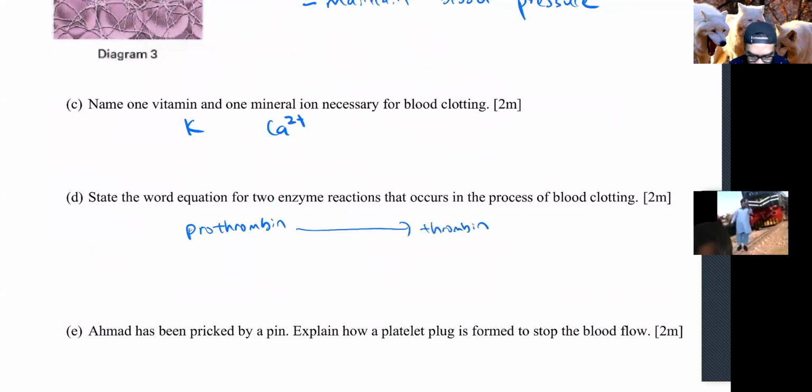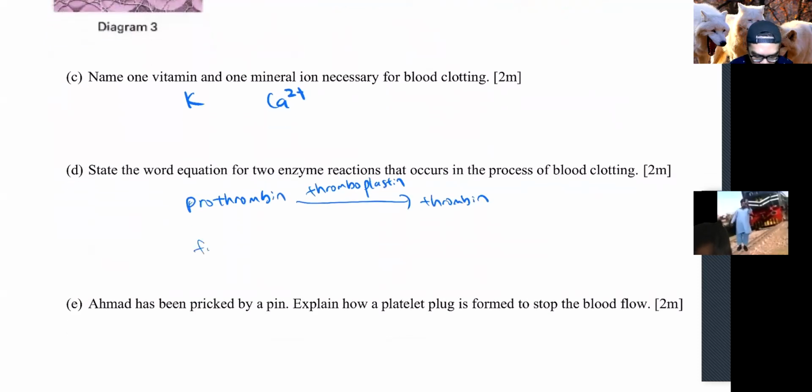Who starts this? Which is your thromboplastin. And then next one, you have your fibrinogen to become fibrin. So thrombin is up here. It's like a chain reaction thing. One activates the next thing.